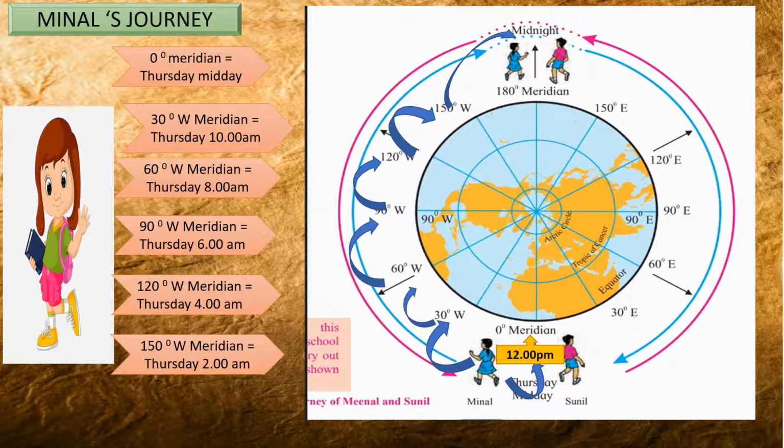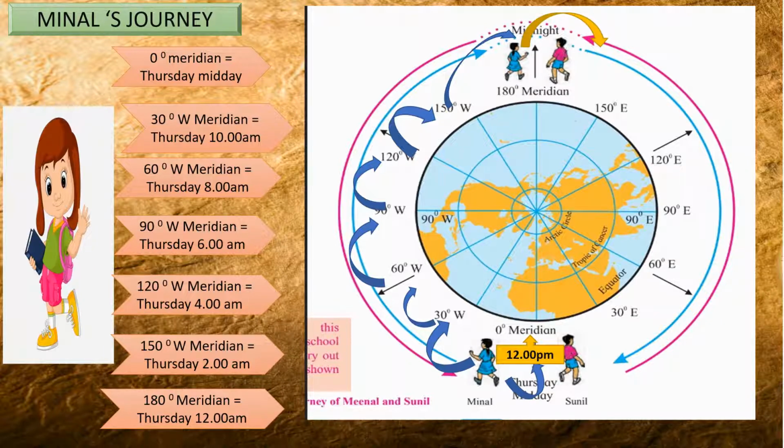So here, what will be the timing? Yes, correct. It will be 12 a.m. Now students, here you have to remember one thing that when she will pass 180 degree, she will finish with her Thursday and she will enter into the previous day, that is Wednesday.